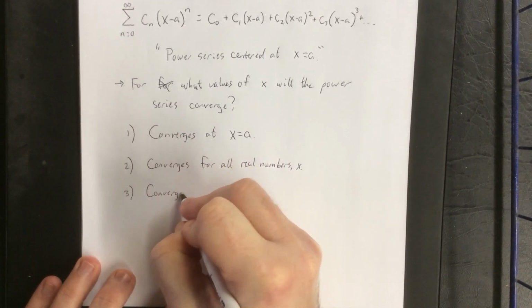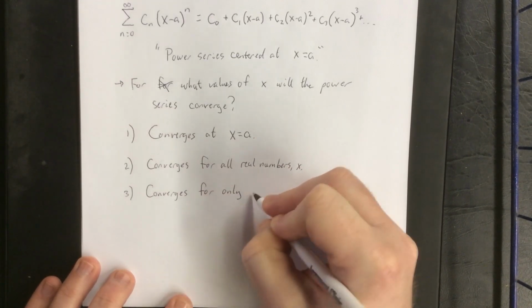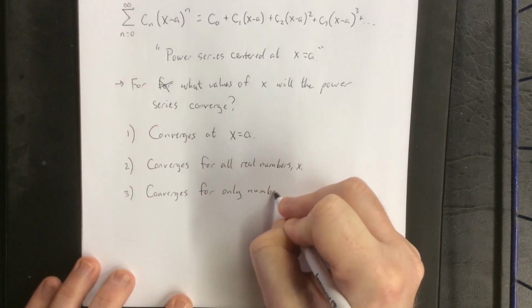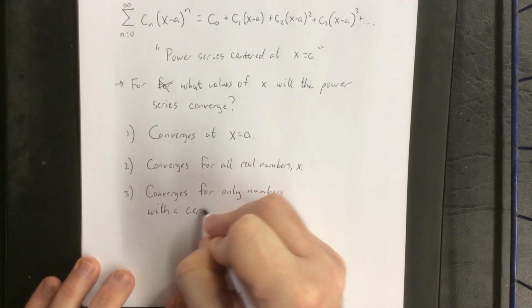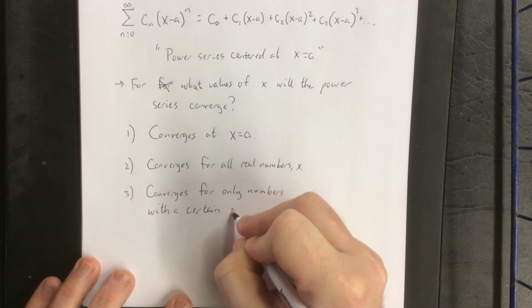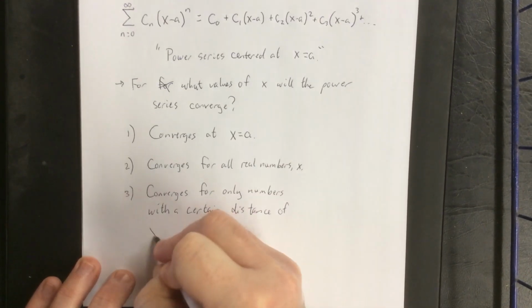The third possibility is that it converges for only numbers within a certain distance of x equals a.